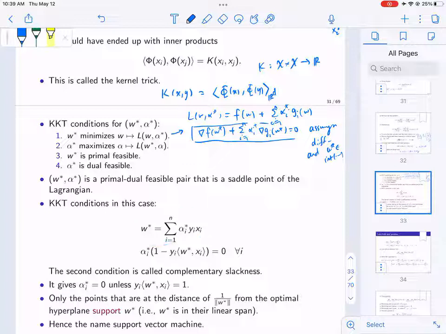The second one is simple, because I want to maximize over alpha star. When I fix w star, this function is f(w star) plus the summation i from 1 to n of alpha_i g_i(w star), and I try to maximize over alpha star. This part is fixed, so I have to maximize over this.